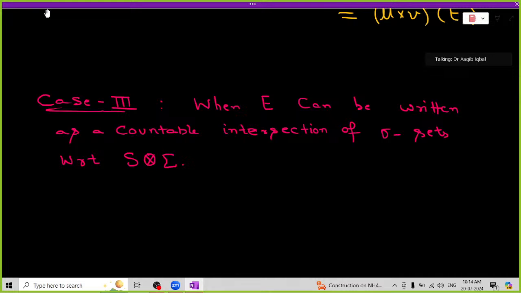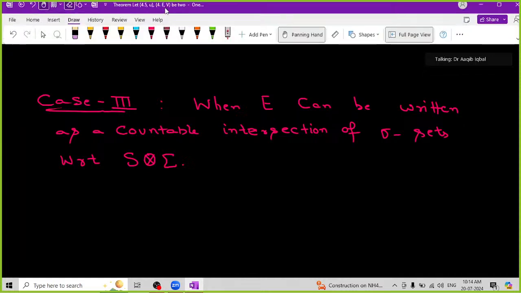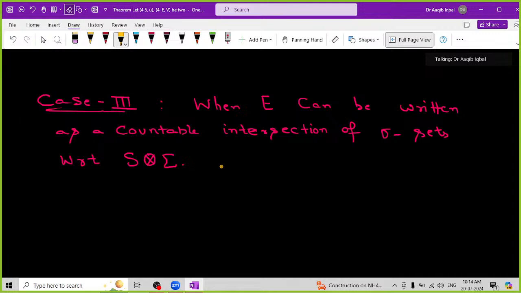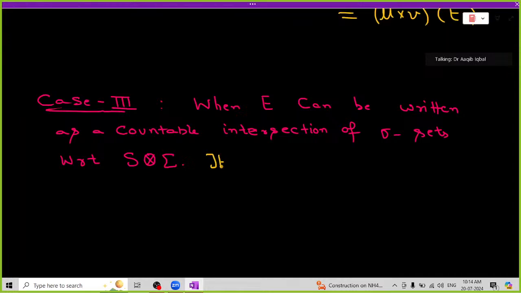And E can be written as a countable intersection of sigma sets with respect to this product semiring. So in that case, in this case, then we can find a sequence. Countable intersection means sequence.